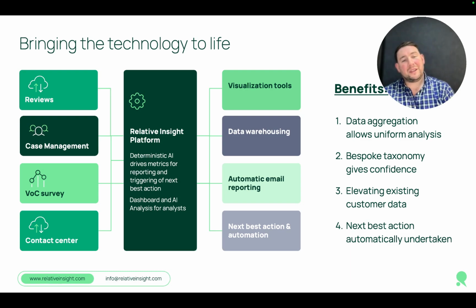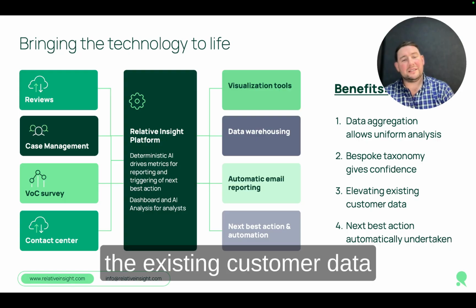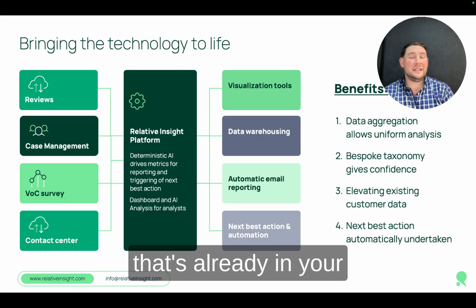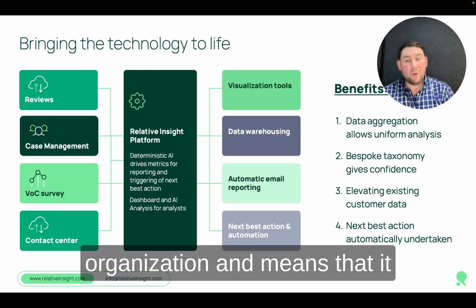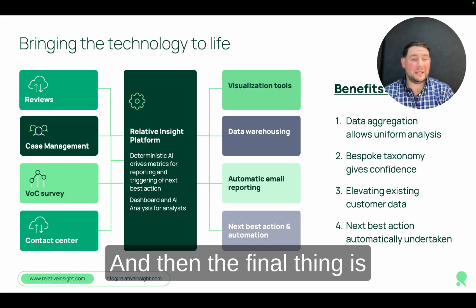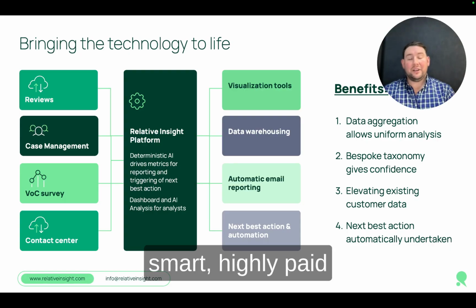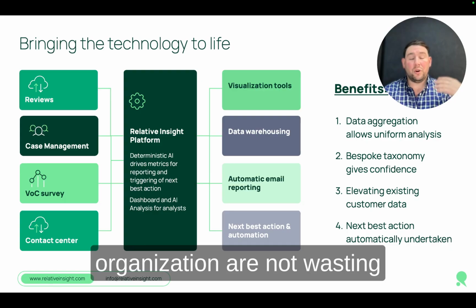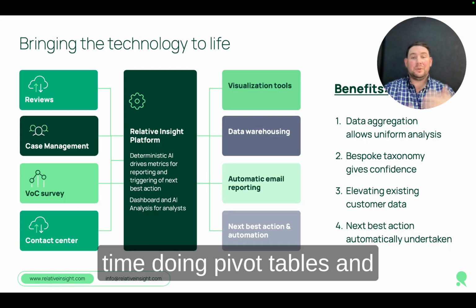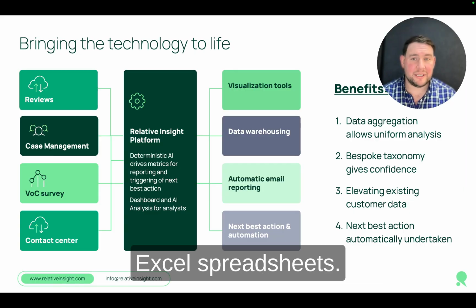The third is that this generally elevates the existing customer data that's already in your organization and means that it works harder and you can make more decisions from it. And the final thing is that you can drive a bunch of automation, meaning that smart, highly paid people within your organization are not wasting time doing pivot tables and copy and pasting things into Excel spreadsheets.